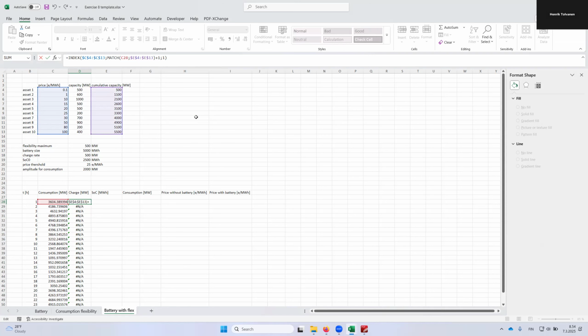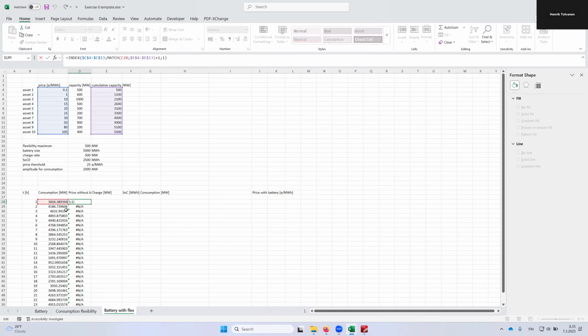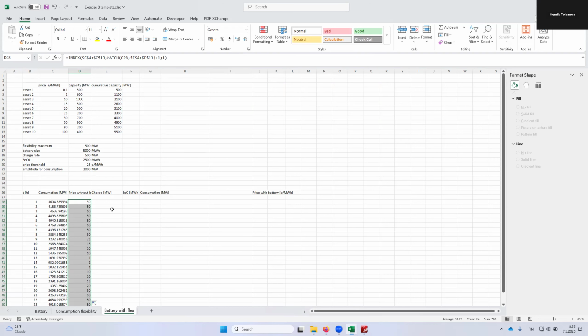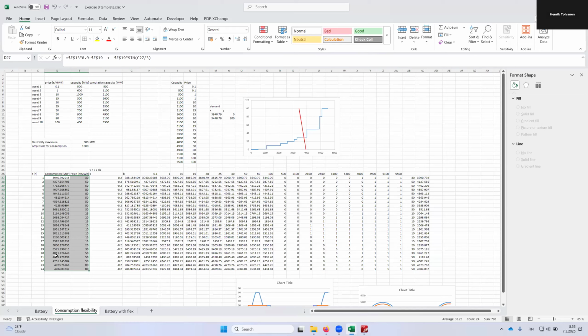So let's calculate the price in here. I'm going to move this one in here. So price without the battery. Let's check the battery first. So finding the price, and then we have the charge.